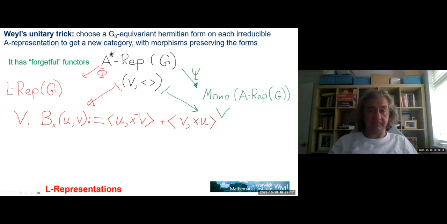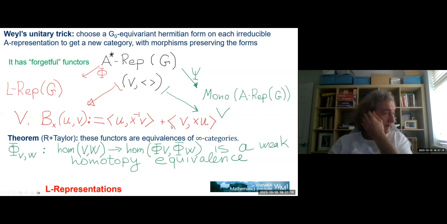And here is the main theorem: these functors are essentially equivalences of infinity categories. So it's kind of a baby version of infinity categories. In other words, all these categories and these functors are enriched in topological spaces.